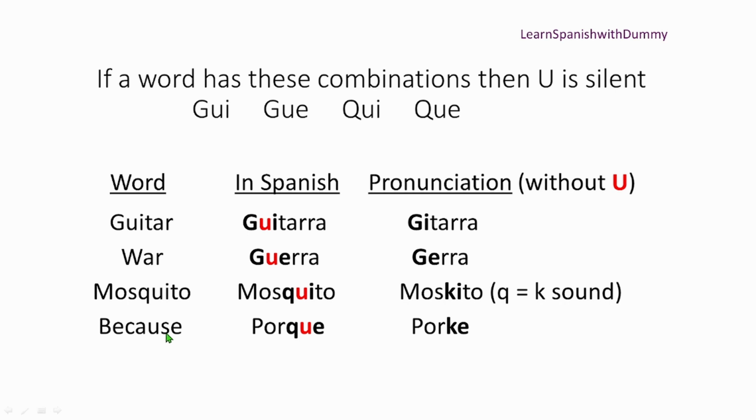Because in Spanish is PORQUE, and you would say it porkwe, right? No, U is silent because of the same combination rule, and instead we say porke. You throw the U away. So this is pronounced as porke. That's one of the important rules we got in Spanish.